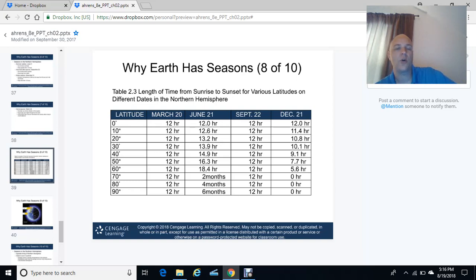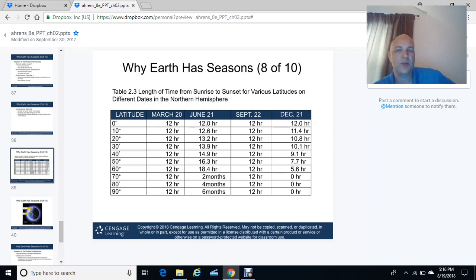As you go north, though, let's go down to 50 degrees latitude. Notice March 20th and September 22nd, the spring and autumn equinox, have 12 hours a day and 12 hours a night everywhere. It doesn't matter what latitude. But notice on June 21st, the first day of summer in the northern hemisphere, at 50 degrees there's 16.3 hours of daylight.